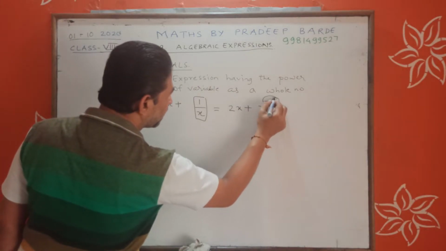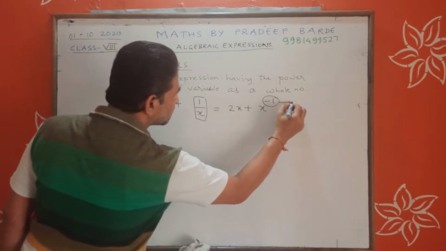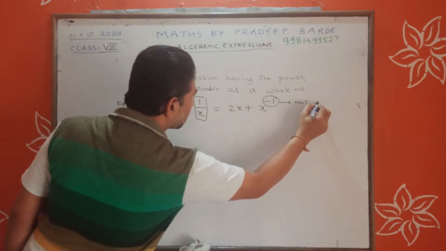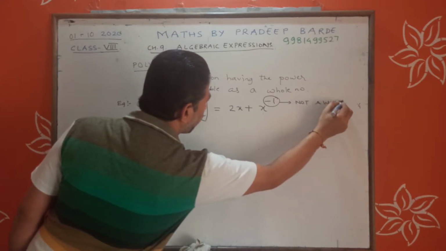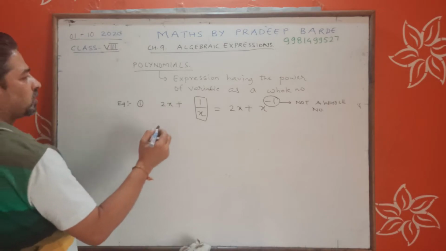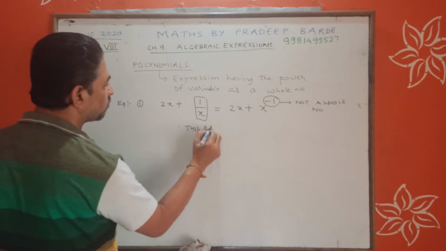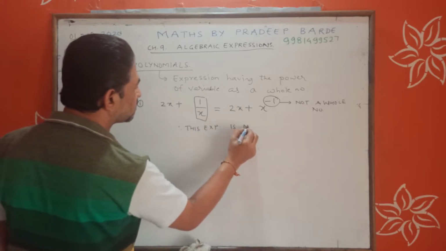The power of x is negative. This is not a whole number. Therefore, this expression is not a polynomial.